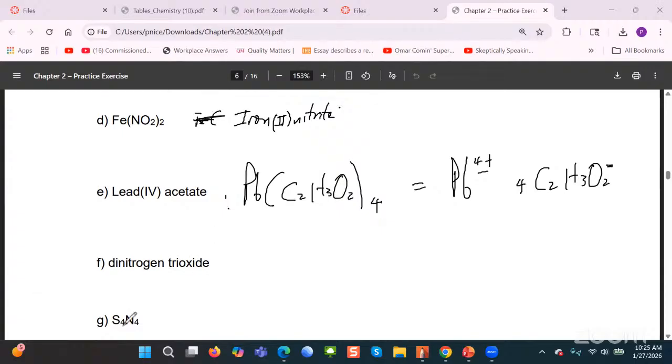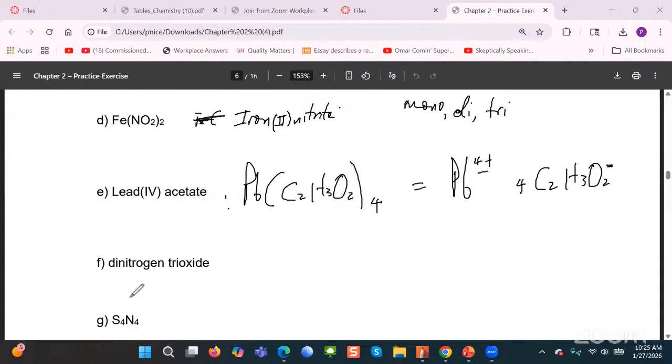Now, let me just say this. All the ones that we have looked at so far are ionic compounds, right? And one thing about naming ionic compounds is that we do not indicate the number of atoms present in the name of the compound. So in other words, we don't use prefixes like mono or di or tri, etc. We don't use those prefixes when we are naming ionic compounds.